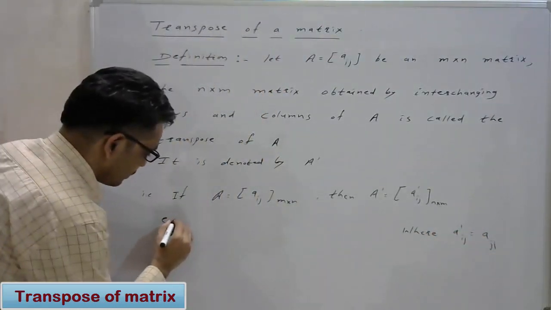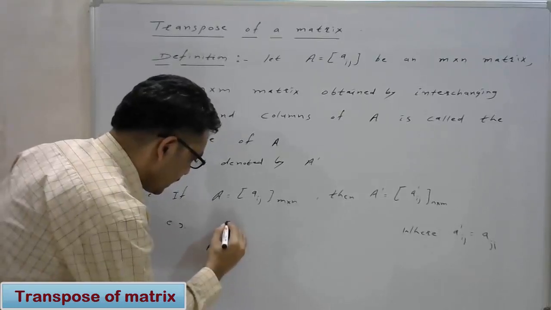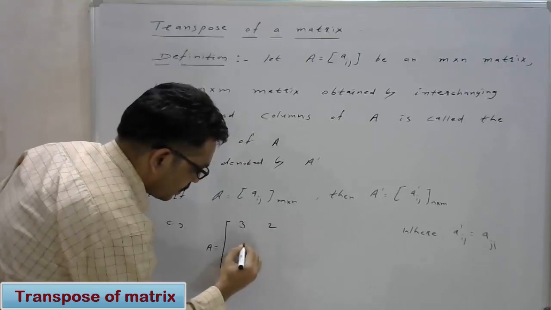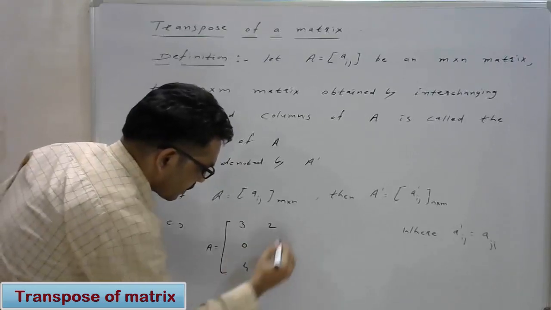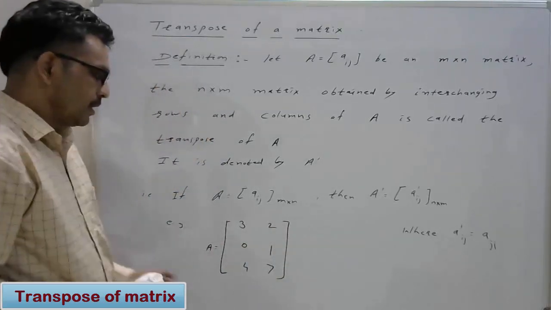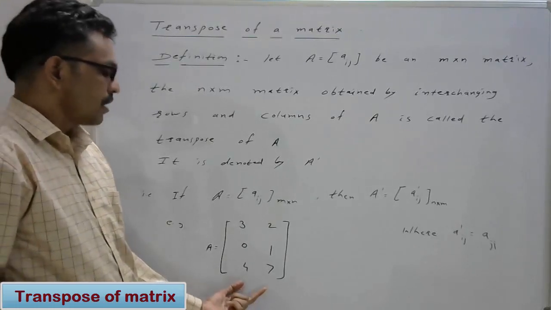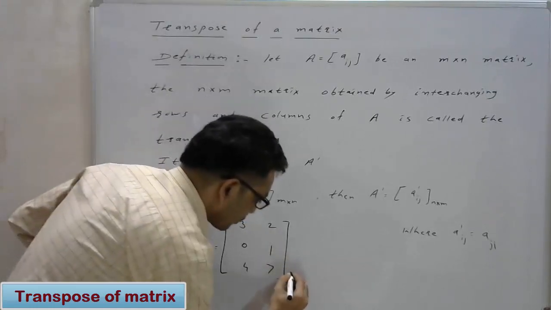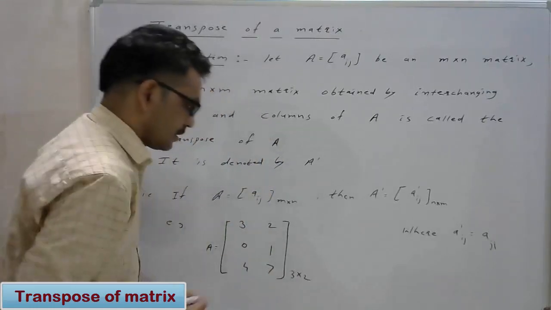For example, the given matrix A has elements 3, 2, 0, 1, 4 and 7. This is our given matrix, of order 3 rows and 2 columns, that is a 3 by 2 matrix.